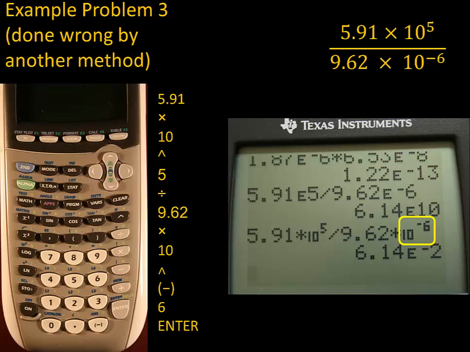So instead of dividing by 10 to the minus 6th, we multiply by it. It is possible to make either of those two ways of entering numbers work, but you have to wrap each denominator in parentheses.